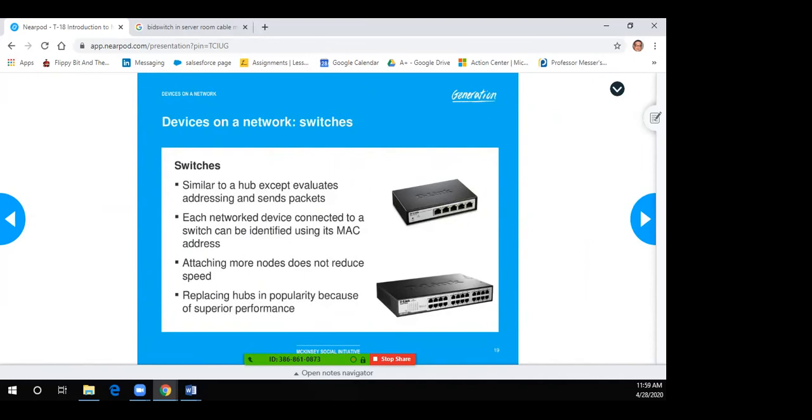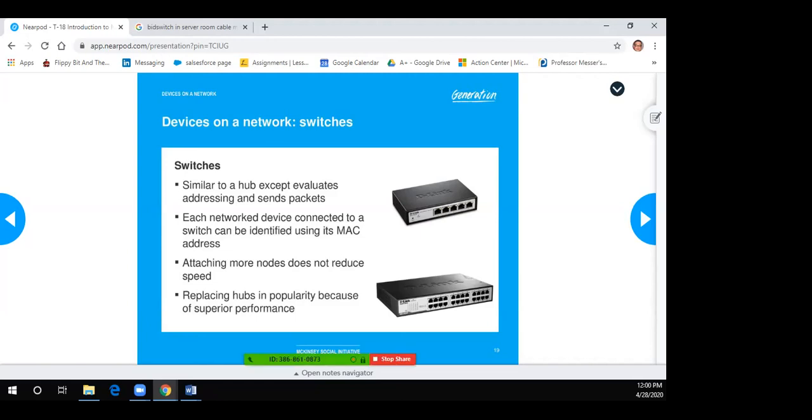Switches. Similar to hubs, except it actually evaluates the information and sends the packets. As I stated before, it has the MAC addresses, it attaches more nodes, and it has its own broadcast domain. Every single switch port has its own broadcast domain, versus the hub, where everybody's in the same broadcast domain.